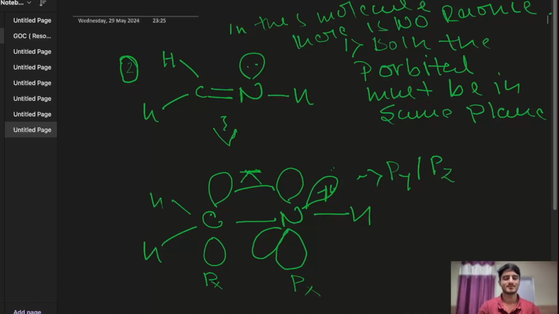So if we want to predict its hybridization, the number of sigma bonds are 1 and 2, one with carbon and another with hydrogen. So 2 sigma bonds. As I told you, if these lone pairs are not involved in resonance, then it will be called a localized lone pair. So it has one localized lone pair.